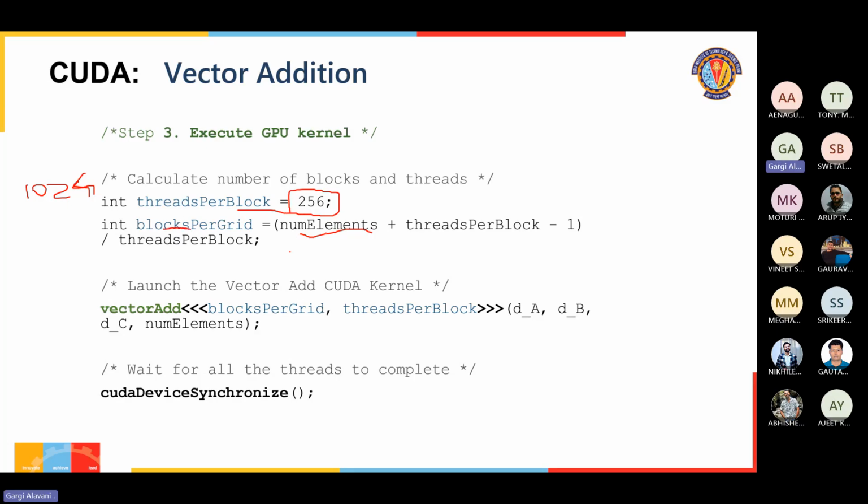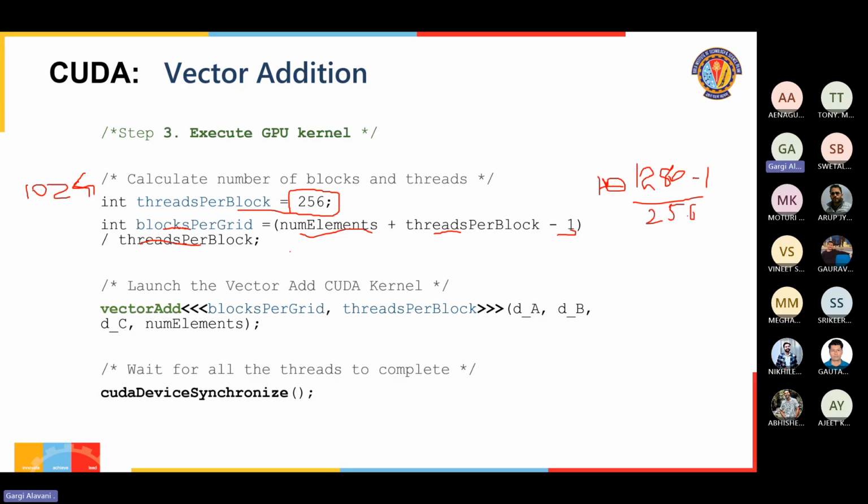It is the number of elements, that is 1024, plus threads per block, which is 256, minus 1, divided by threads per block. That is 1024 plus 256, how much is that? 1280, minus 1, divided by 256.